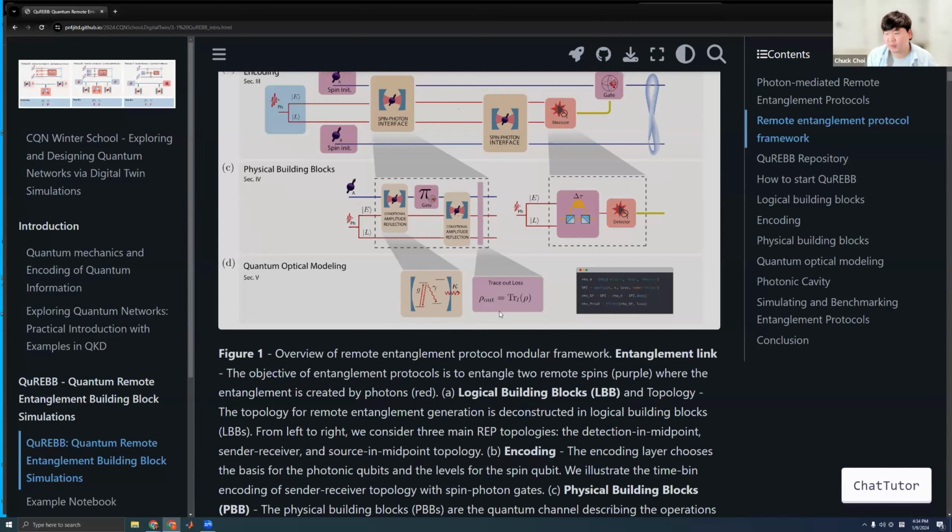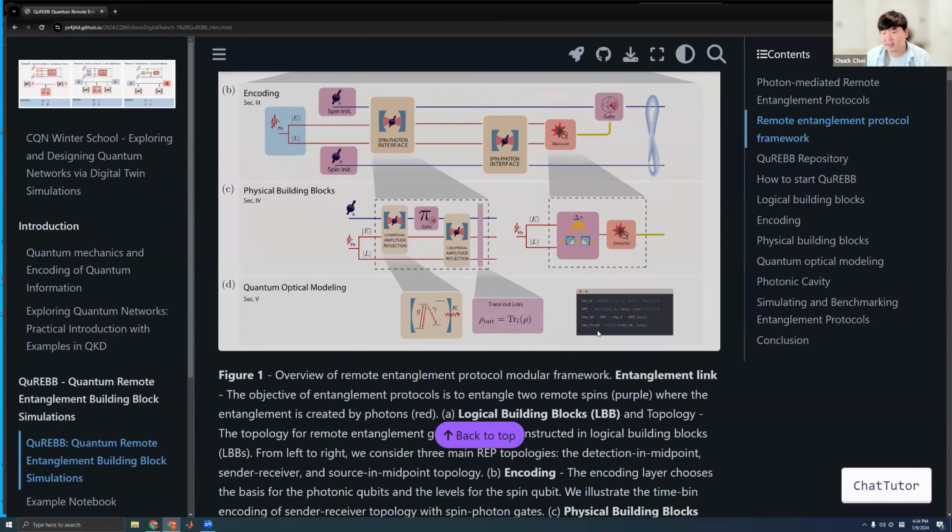And you can also incorporate a variety of imperfections. For example, the loss of the photon while propagating through the optical fiber, the loss of the spin photon interface by imperfect cavity operation.